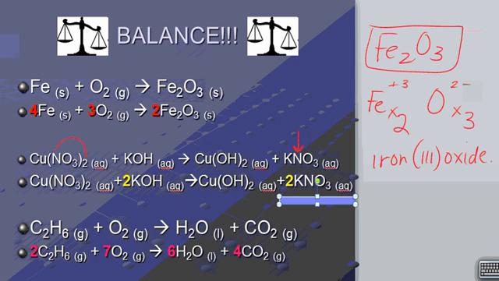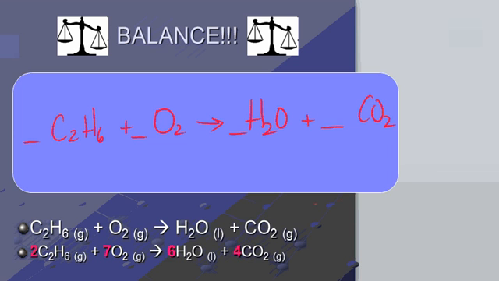The last example that we will look at very quickly, we have 2 carbon, so we must have 2 carbon over here. Okay, so if we look at this one, we have 2 carbon, we need 2 carbon.